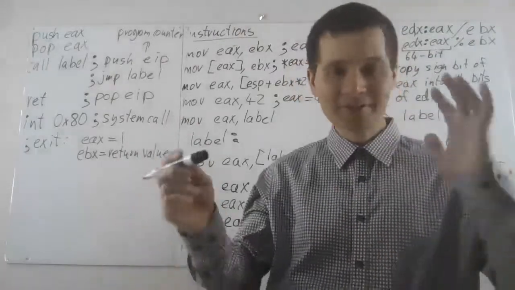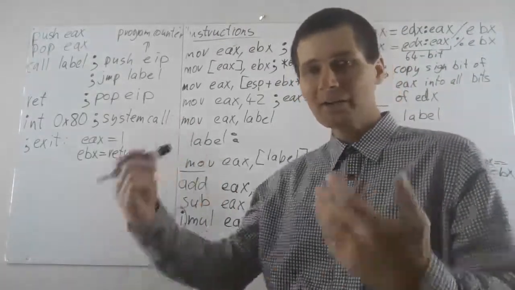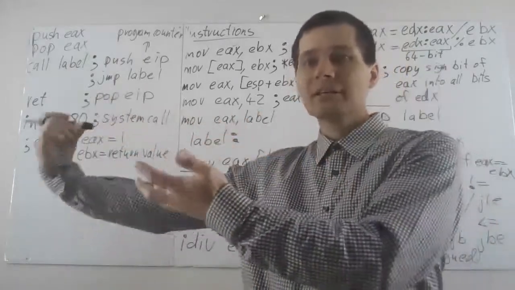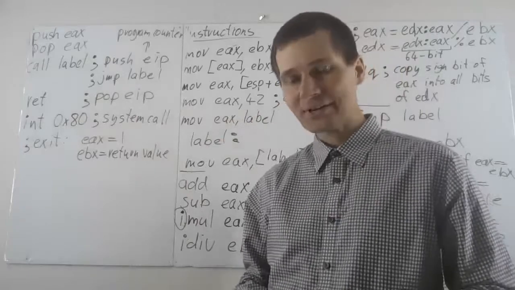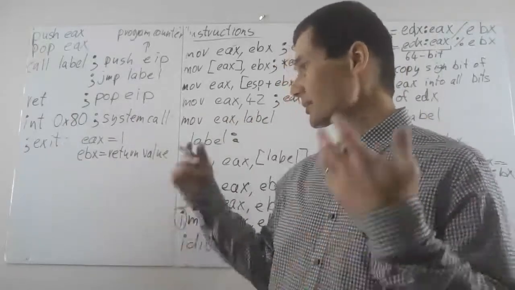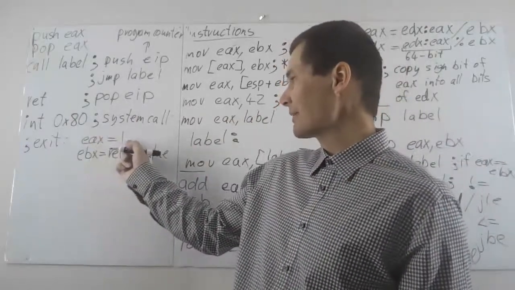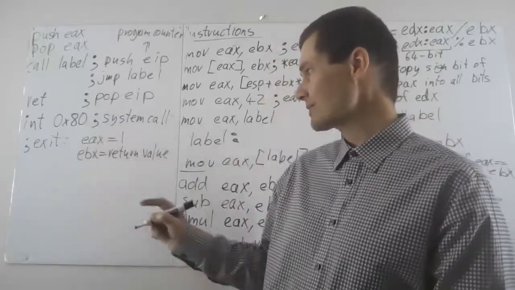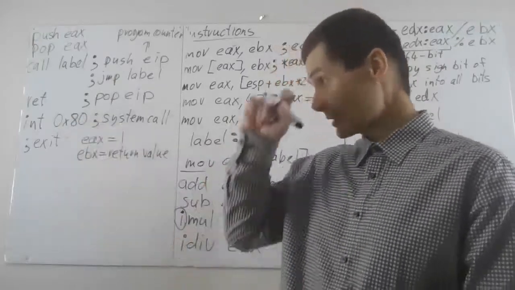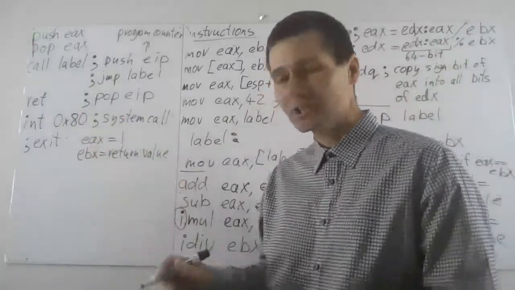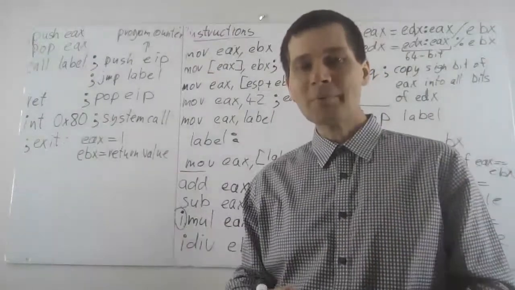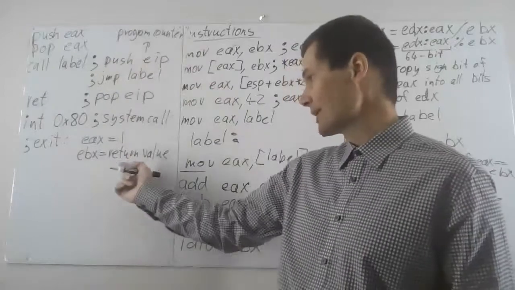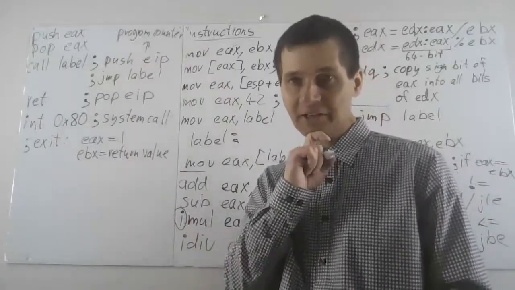Okay, and so in the assignment, there are various specified return values that you have to return, like 13 if the Juice program would have thrown an exception and things like that. So the point is, you put the value 1 into EAX, you put whatever your return value is into EBX, then you execute this interrupt instruction, and control transfers to the operating system. And in this case, the operating system is going to stop your program with that specified return value. Okay.